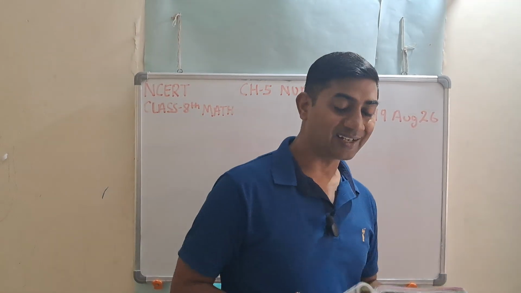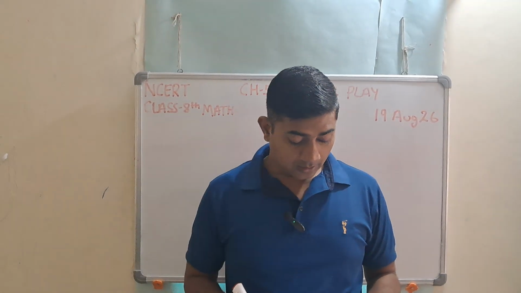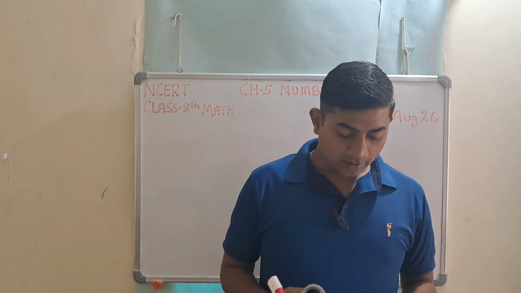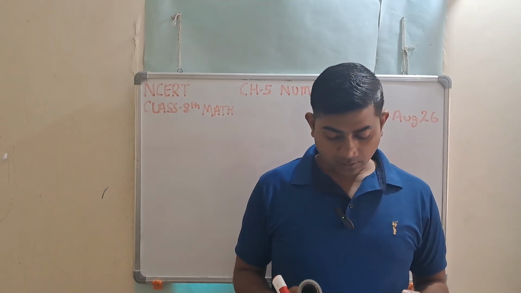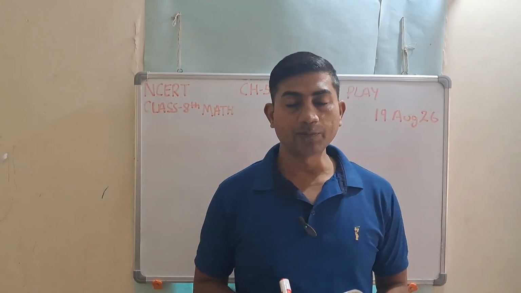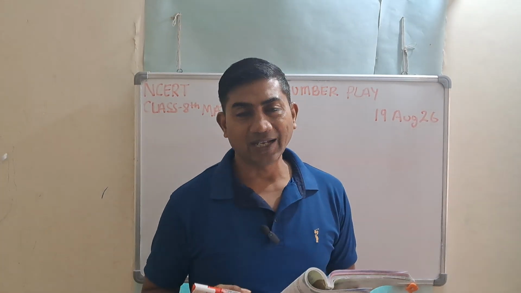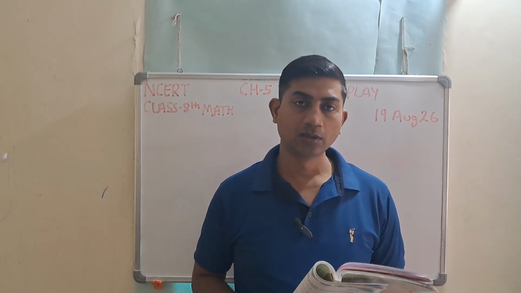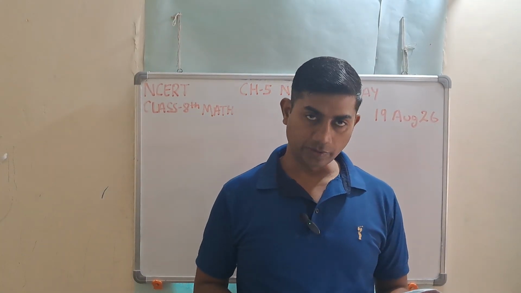Now see what they are asking: can we write every natural number as a sum of consecutive numbers? Is it possible that any natural number can be represented as a sum of consecutive numbers?